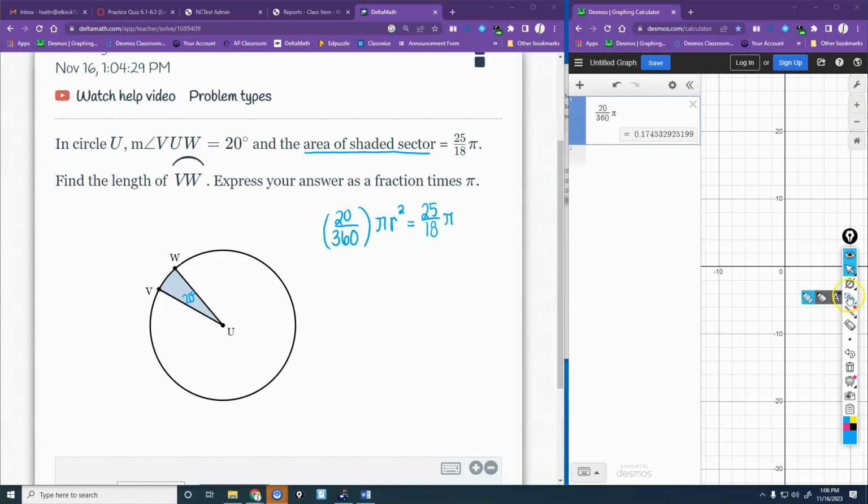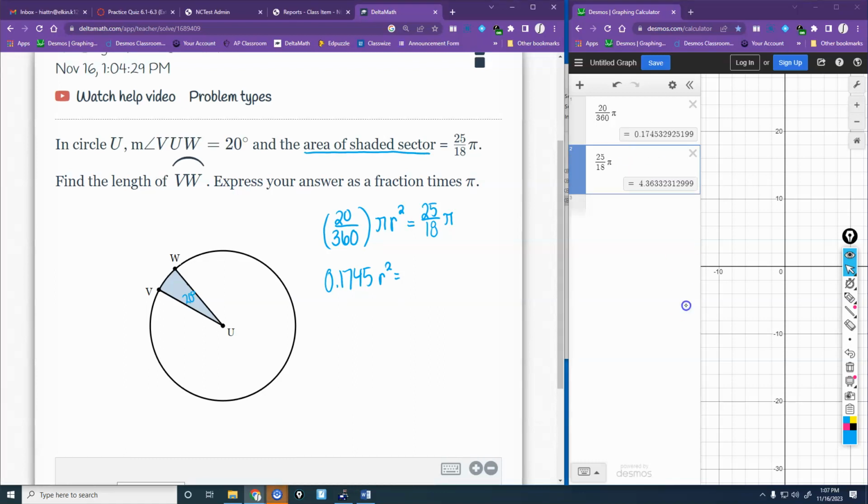So over here we would have 0.1745 r squared equals over here. We would do 25 over 18 pi, and we'll get 4.363.